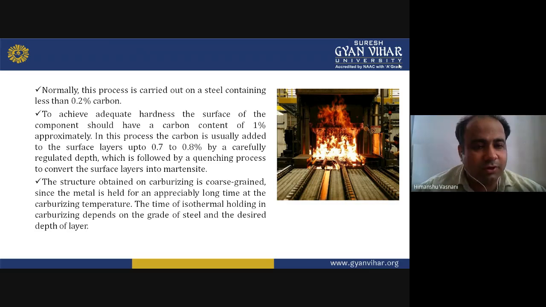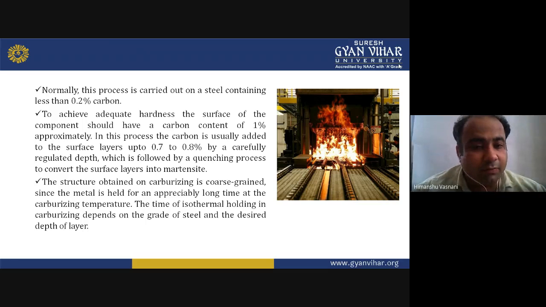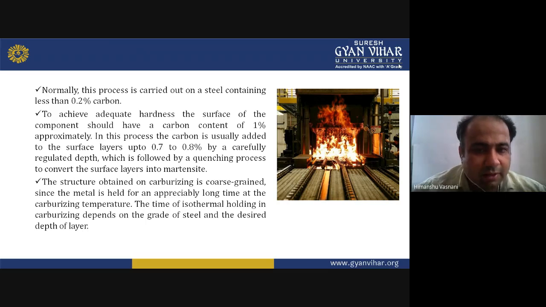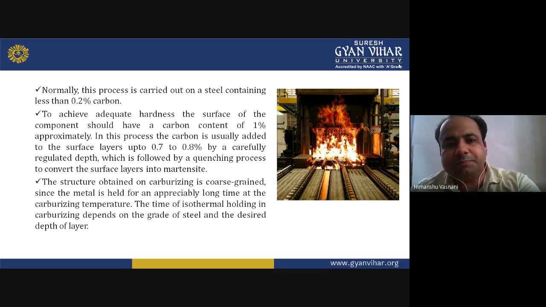The structure obtained on carburizing is coarse grain, since the metal is held for an appreciably long time at the carburizing temperature. The time of isothermal holding in carburizing depends on the grade of steel and the desired depth of case.